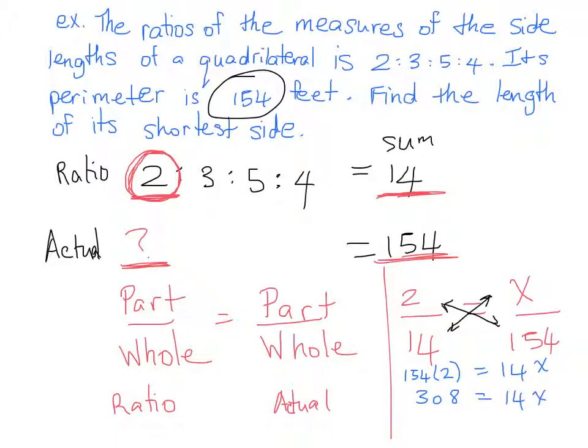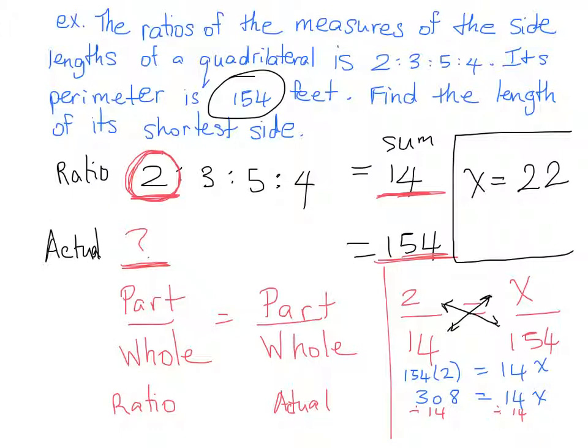Finally we can divide both sides by 14, and we get, let's write it up at the top because I ran out of space, that x is equal to 308 over 14, which means that our shortest side, x, is 22. And so that's how you work with a proportion.